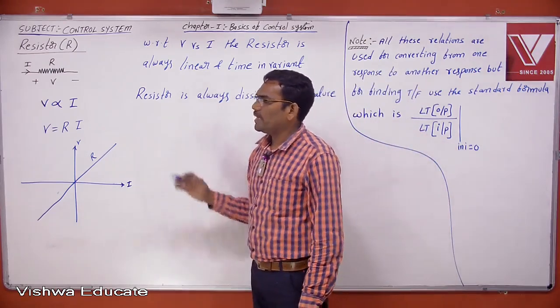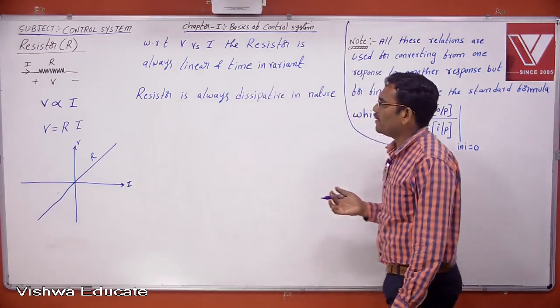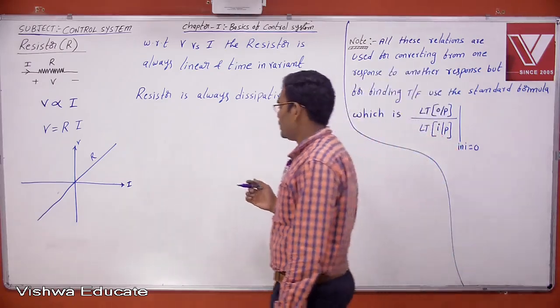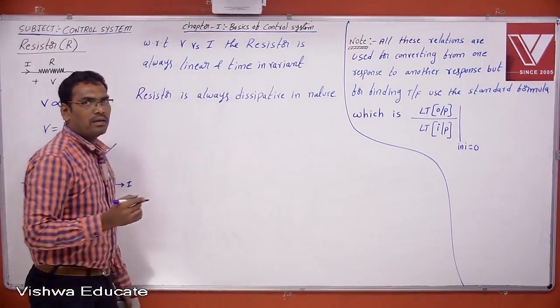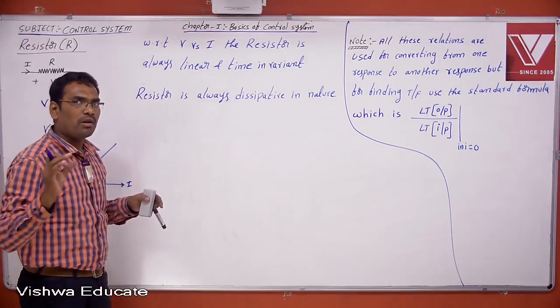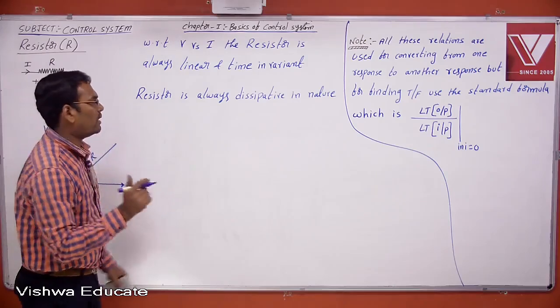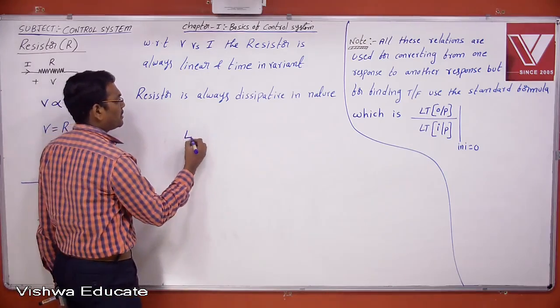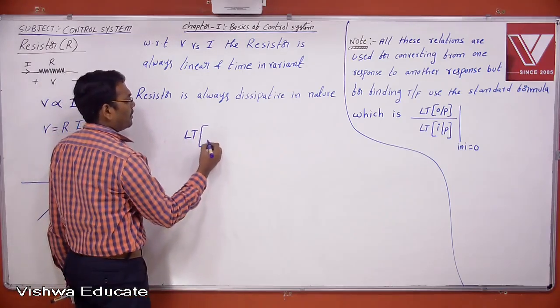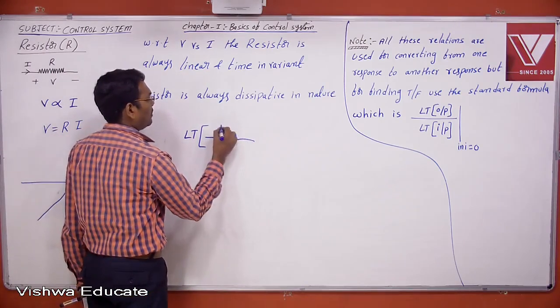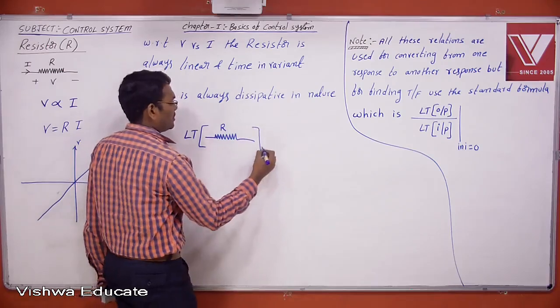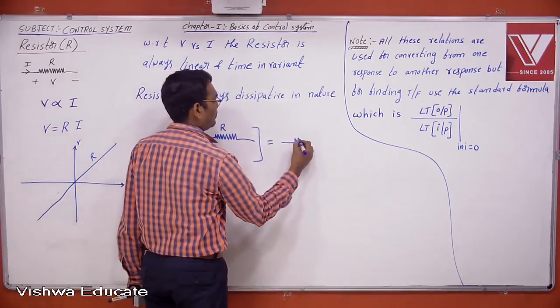Therefore, the behavior of the resistor, whether it is in the time domain or frequency domain, will be the same. Its basic behavior is to oppose the flow of current. Therefore, the Laplace transformation of R is nothing but R only.